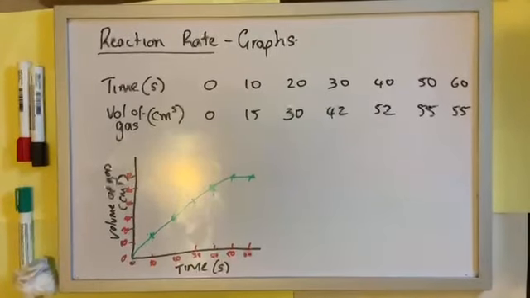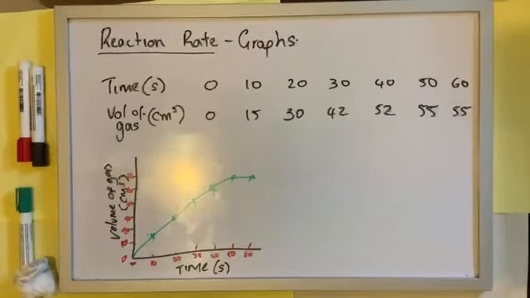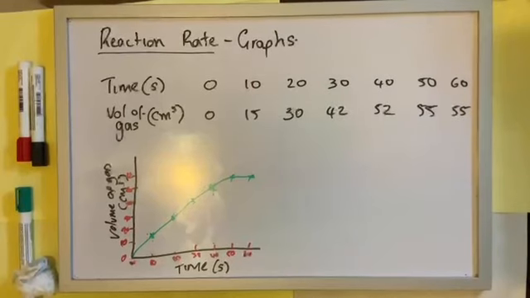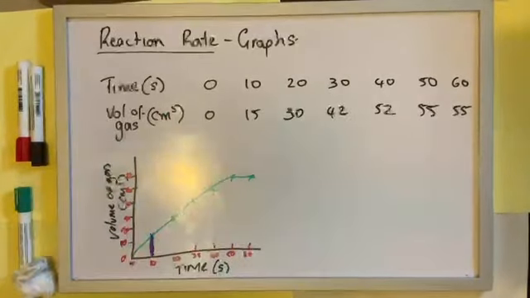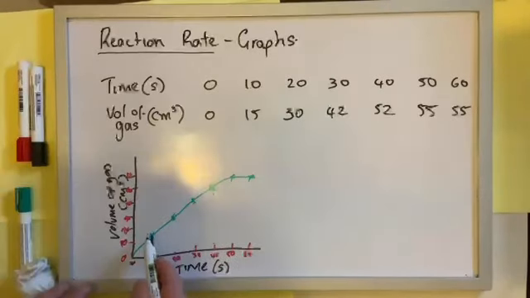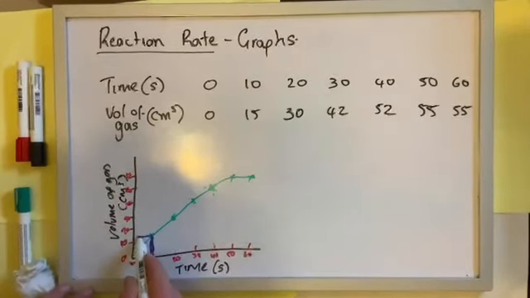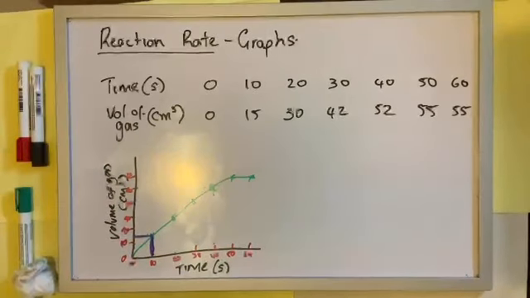Using the graph to find the reaction rate is a similar idea to using the actual figures, but you need to put lines on the graph. If we wanted to find the reaction rate at 10 seconds, we would draw a line up at 10. We would then draw the line across to find out where it would be there.